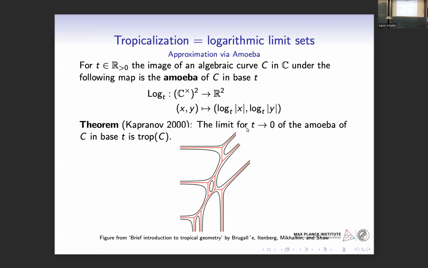The image of this is called the amoeba of the curve C to the base t. And a theorem by Kapranov tells us that if we let t go to 0, the limit of this is the tropical curve, Trop C. This picture out of the paper by Shaw illustrates this. In black you have the amoeba, and in red you see the tropical curve.